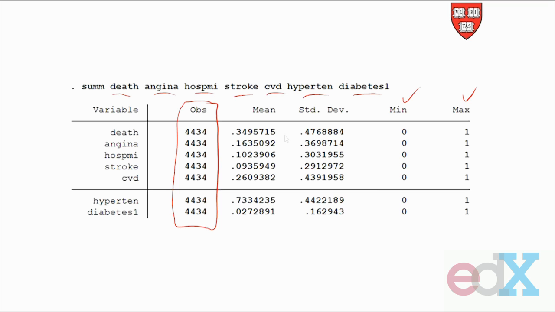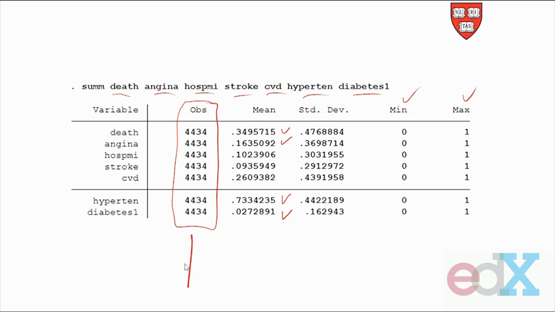So for example, we have that deaths are approximately 35% of the people. Angina is about 16%, and so on, down to hypertension is 73%, and our old friend diabetes at the first visit is roughly 2.5 to 3%.